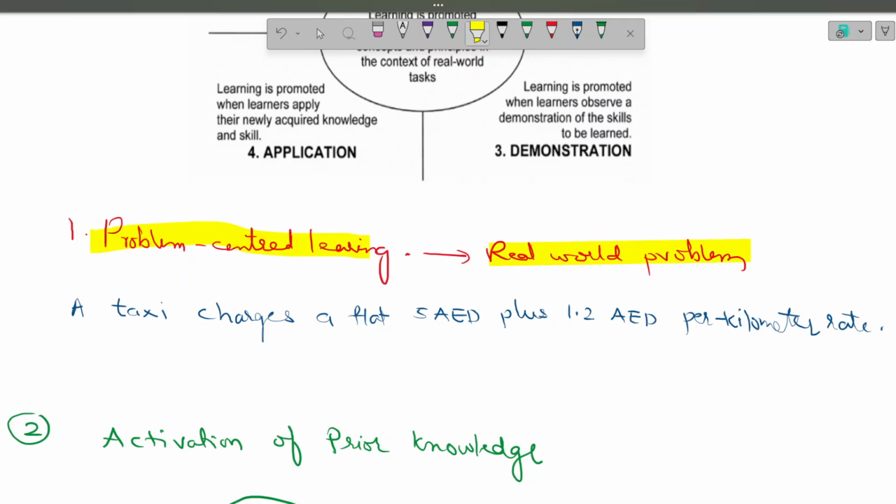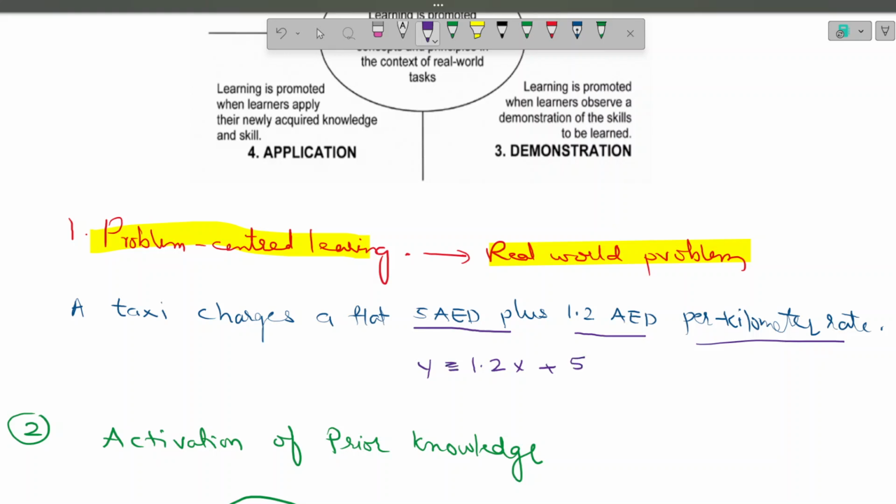For example, a taxi charges a flat 5 dirhams plus 1.2 for each kilometer. Frame the problem. How to make it? Suppose y equals 1.2 times x plus 5. This is the linear equation we are making.